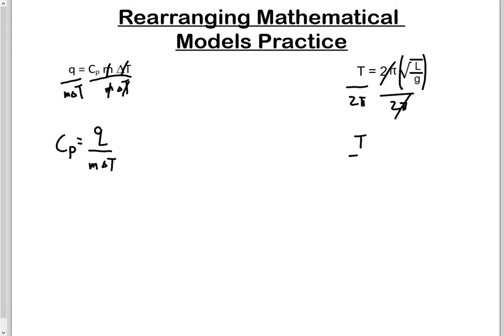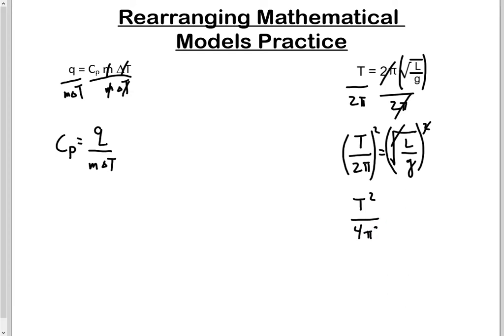So now I have t over 2 pi is equal to the square root of L over G. I'm looking for G, so I got to get it out of the square root. Square both sides. So now I'm left with, this cancels the square, so I'm left with t squared is equal to, this 2 distributes to everything, so 4 pi squared is equal to L over G.